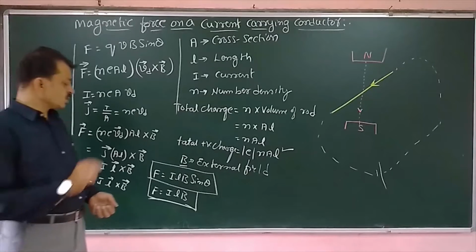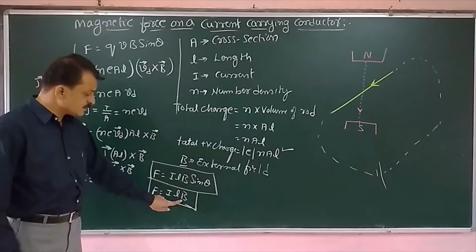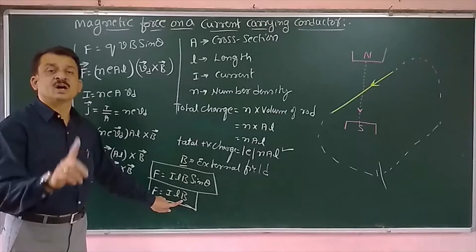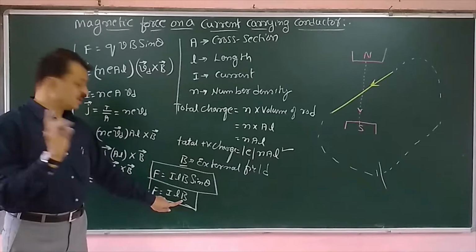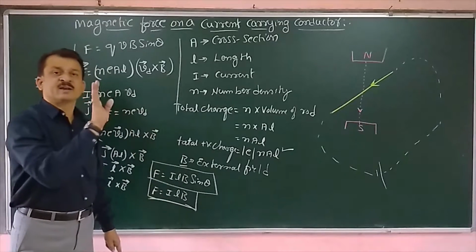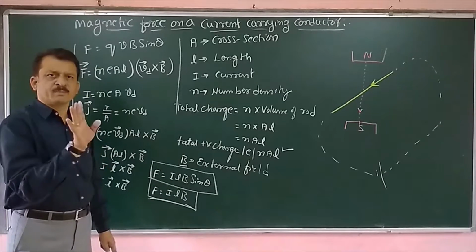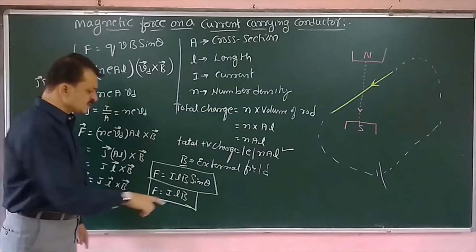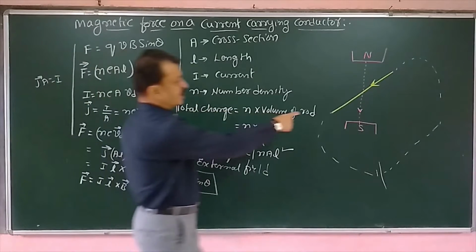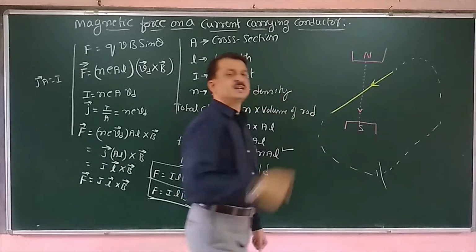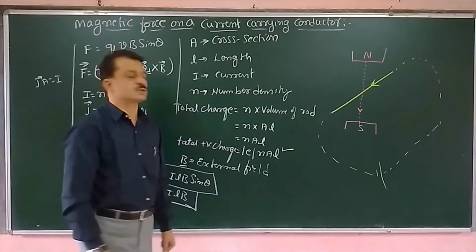Now one thing here also you should remember, this magnetic field is not due to the motion of the charges. It is an external magnetic field. Should remember that one. Only in the presence of the external magnetic field, this current carrying conductor experiences magnetic force.